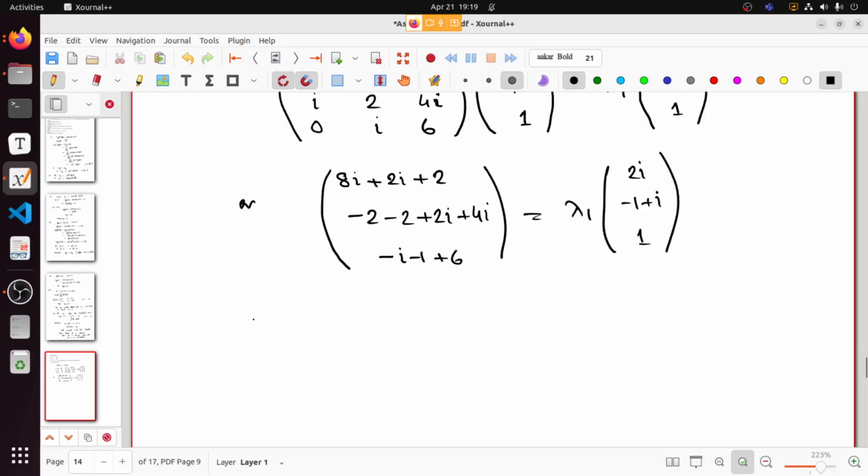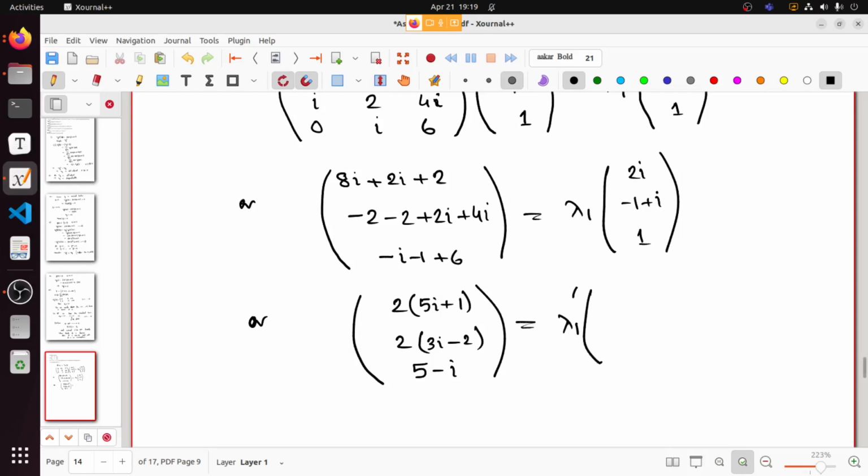Simplify the left hand side. It will be 2 into 5i plus 1 minus 4 plus 6i, meaning 2 into 3i minus 2, and the last one will be 5 minus i, right? So this is the same as lambda 1 times 2i, minus 1 plus i, and 1.